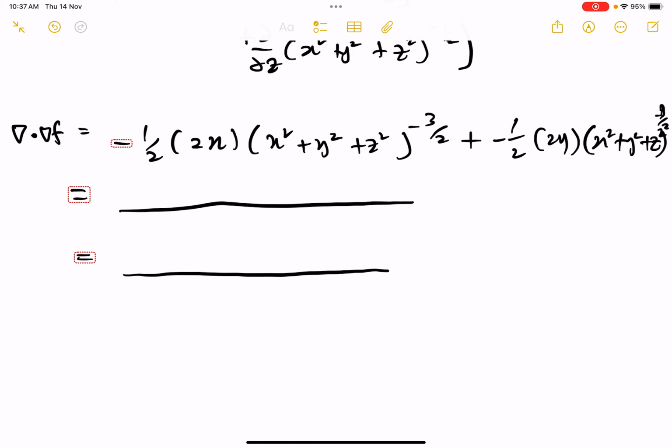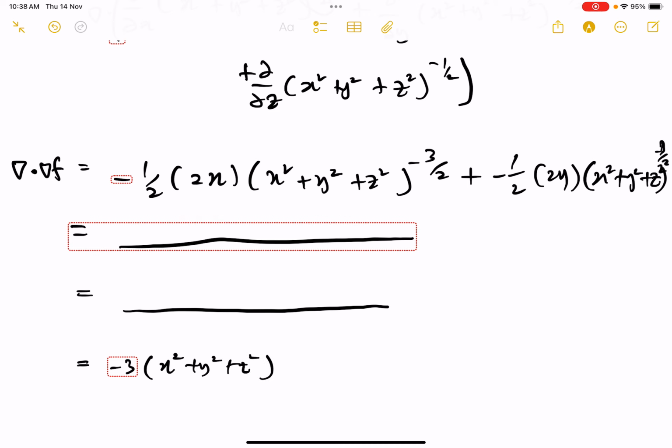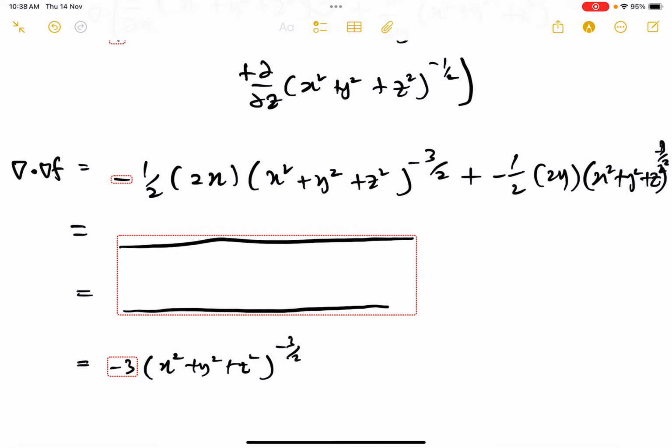So the answer will definitely be, almost the last part when we sum everything together, because the equation uses plus and minus, right? So when you sum up everything, the last part will be like this: x squared plus y squared to the power of negative 3/2, and plus 3.